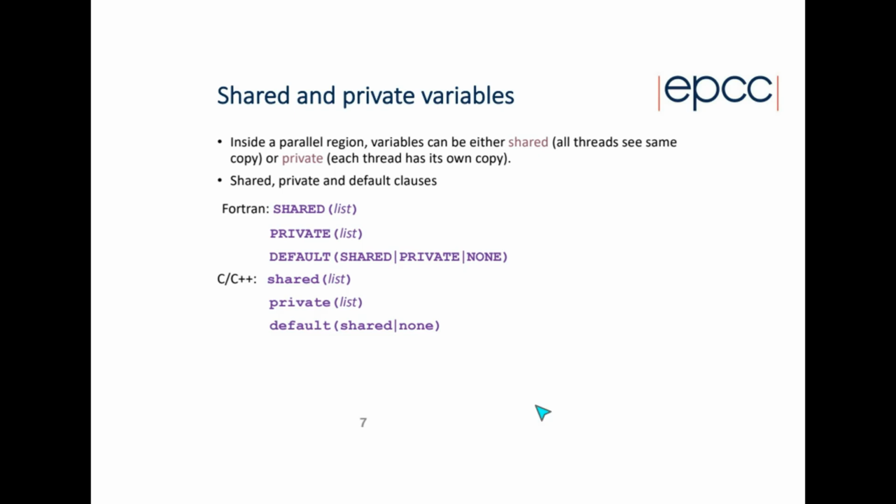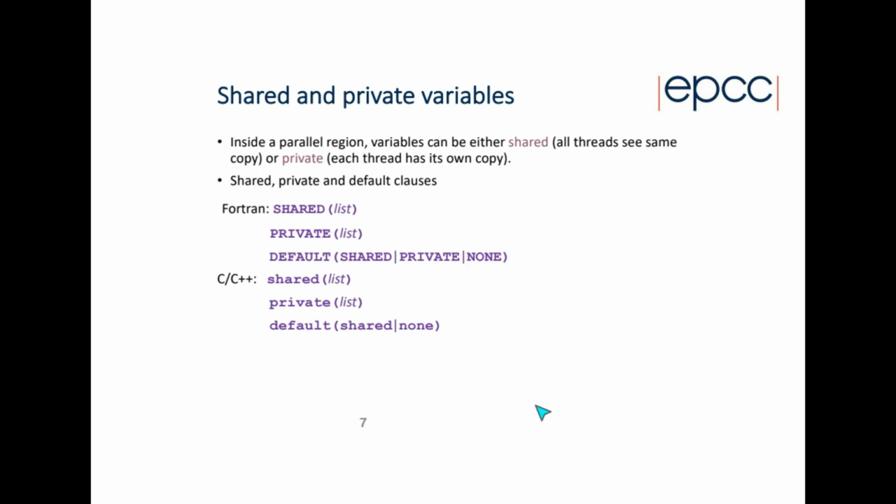In particular, the first set of clauses we're going to talk about is how to specify the behavior of variables. Are they going to be shared or private or something else? There are a couple of other options which we'll talk about later on in this lecture. But first of all, let's think about distinguishing between shared and private variables.